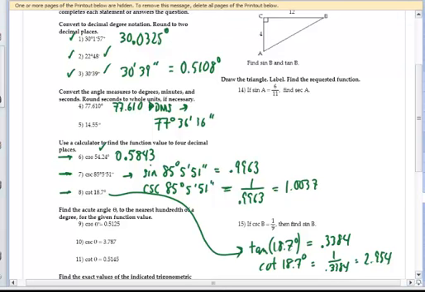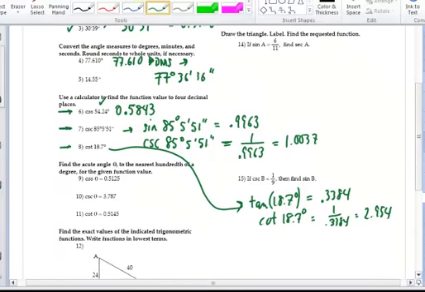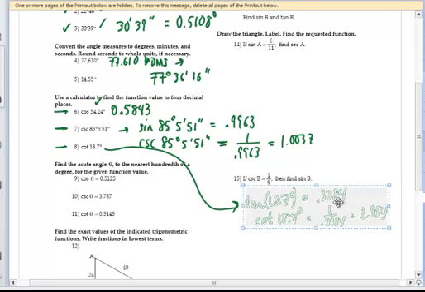Now in working with the next few problems, I'm just going to erase what I had over here.